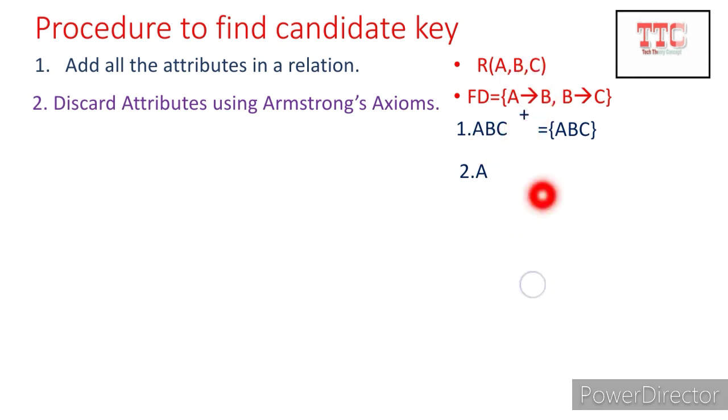If we find the closure of this attribute, as we have discussed, we will have all the attributes in this closure. It means that this is a super key.